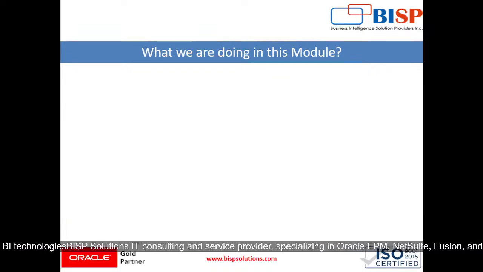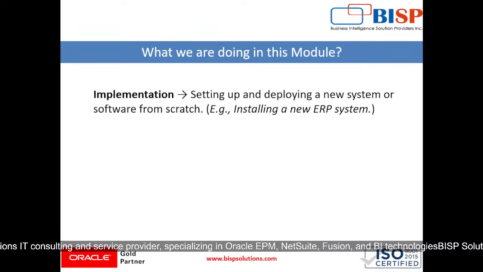In our previous sessions, we have discussed many topics. First, we will be understanding what we are doing in this module of migration from QuickBooks to NetSuite. We will be doing implementation, where we will be setting up and deploying a new system or software from scratch, for example installing a new ERP system.